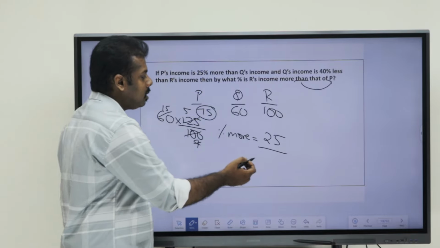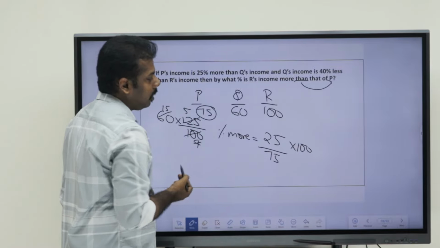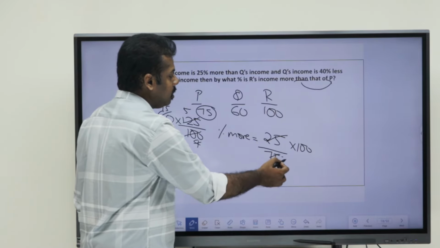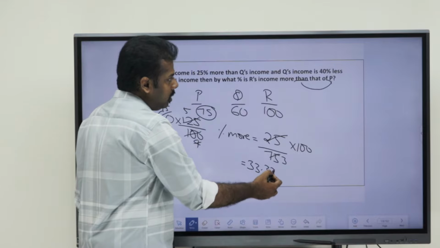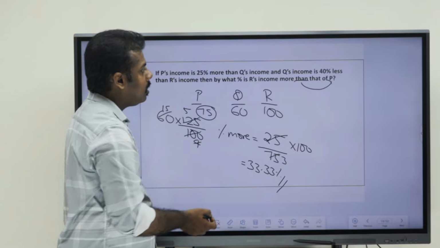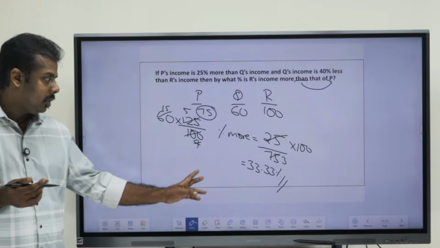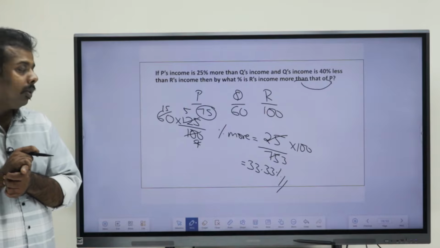P's income is 75, into 100. You just have to calculate. 25 threes are 75, so 100 by 3, as we know, is 33.33 percentage. So, we can say that R's income is 33.33 percentage more when compared to P. I hope that you got it.